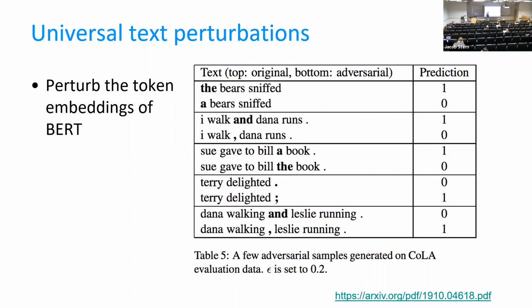Yeah, what do you see, Jared? Yeah, so the 1 means that a language model predicted that this sentence is grammatically correct, and a 0 indicates that it predicted that it was grammatically incorrect.